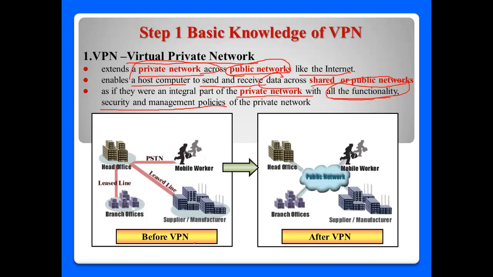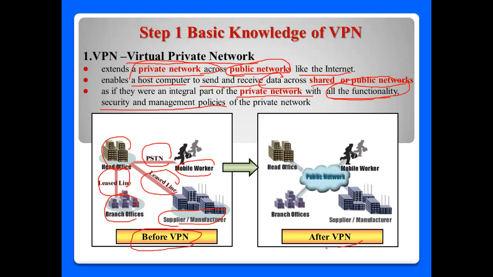For example, before we used VPN, the company could use this kind of network between head office and branch office, head office and supplier or manufacturer, or between head office and mobile workers. For this kind of network, normally the company tries to use a leased line or PSTN. But to use a leased line, the company must pay a lot of money.